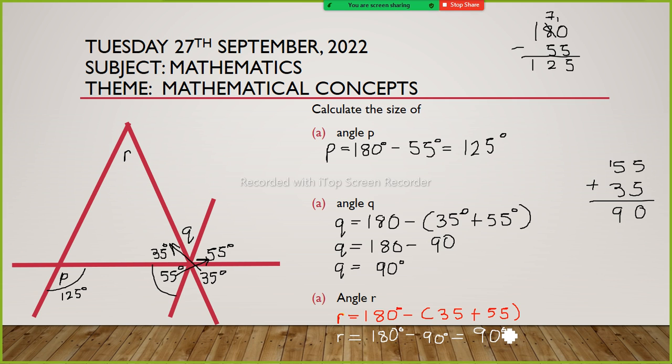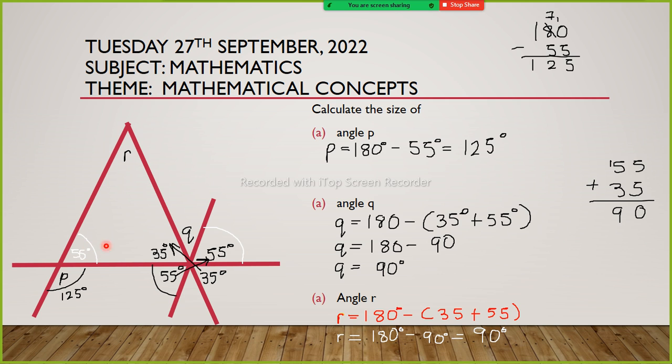The reason why we get 90 is because if we look at this, it's 55 right there, right? This one is 55. But this one must also be 55 because they are corresponding angles. And so we have R plus 55 plus 35. Add them all together, we get 180 degrees.